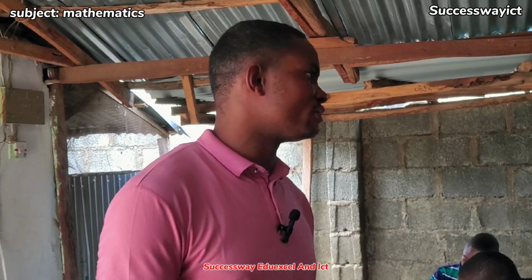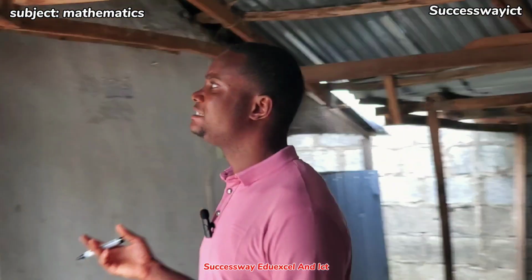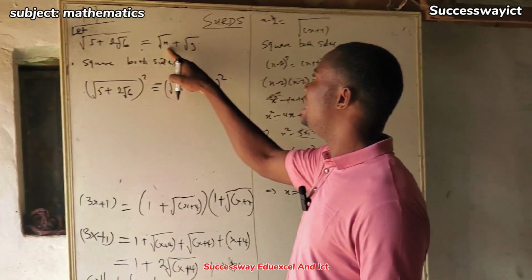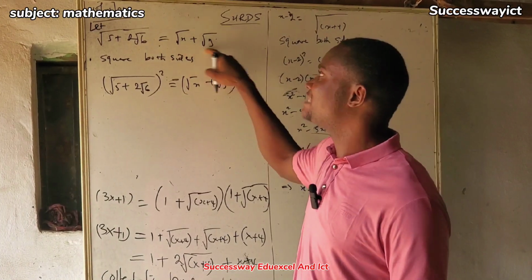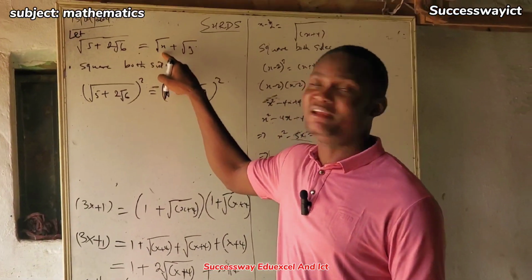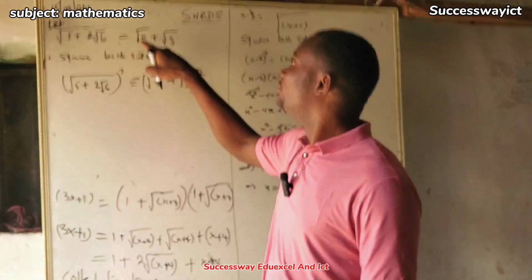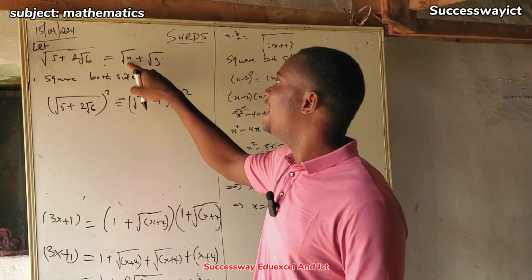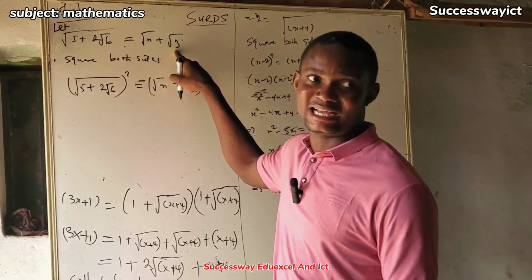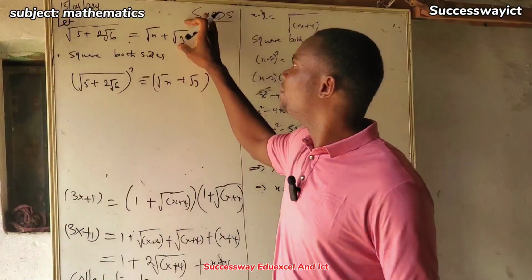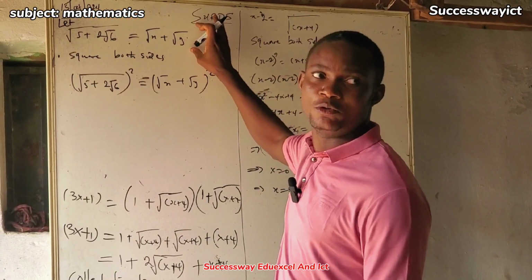We don't know those surds, so we said, let the two surds be root x plus root y. This is our target simplified version. Our target now is to find x and also to find y.